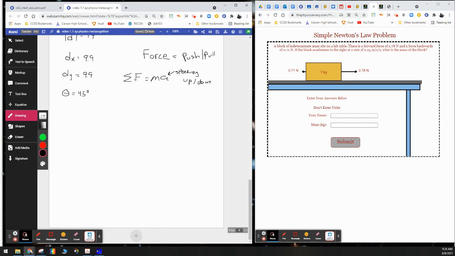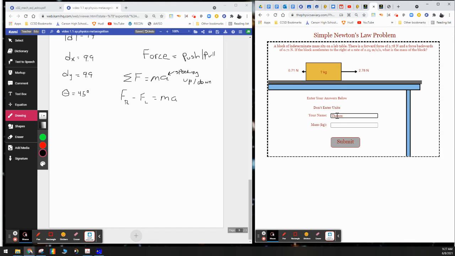Now this is the net force. When we do net force, that means we have a force going to the right minus a force going to the left, and that has to equal mass times acceleration. Okay, so in this answer, let's put in Thanos.